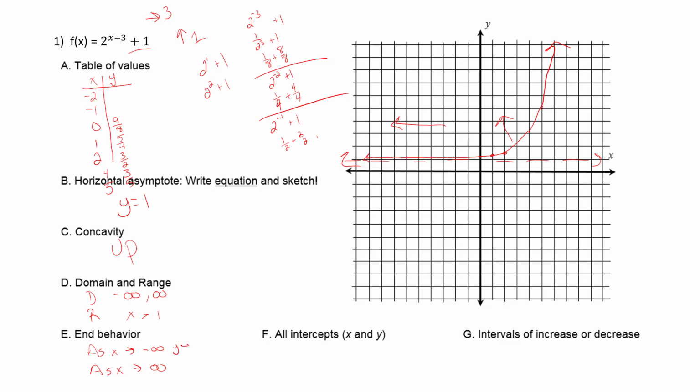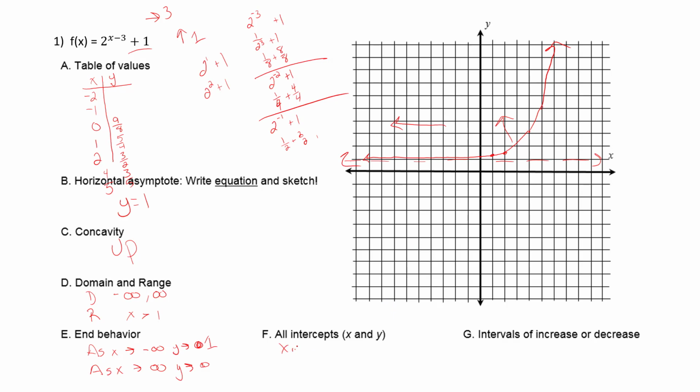So my y is approaching 0. Sorry, not 0. Our asymptote's not at 0 for this problem. They are approaching 1. All right. As my x's are getting larger, my y's are going to go on and on forever because it's going up really fast. So my y's are approaching infinity.